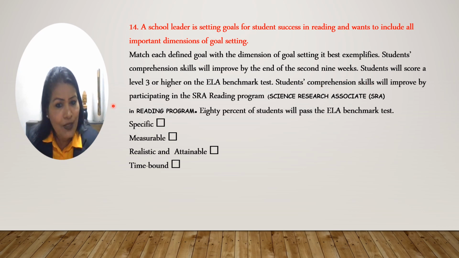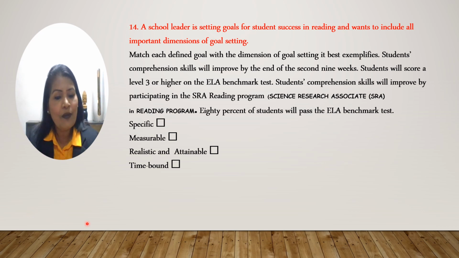Students' comprehension skills will improve by the end of the second 9 weeks. Students will score a level 3 or higher on the ELA benchmark test. Students' comprehension skills will improve by participating in the SRA reading program, that is Science Research Associate reading program. 80% of students will pass the ELA benchmark test.